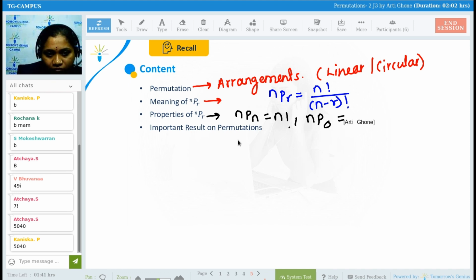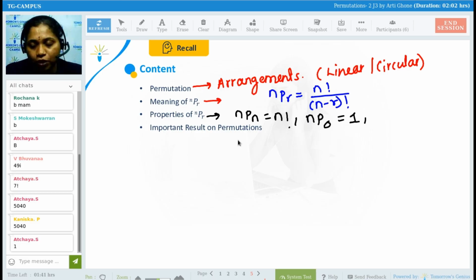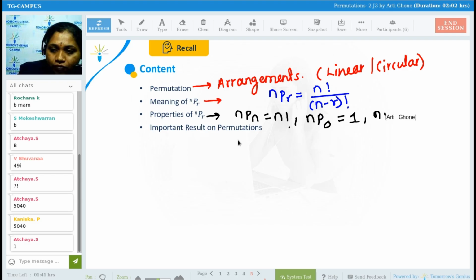What is the answer of nP0? 1. Okay. nP0 is 1, good. n factorial upon n factorial. And what is the answer of nP(n minus 1)? It's again n factorial. Clear?